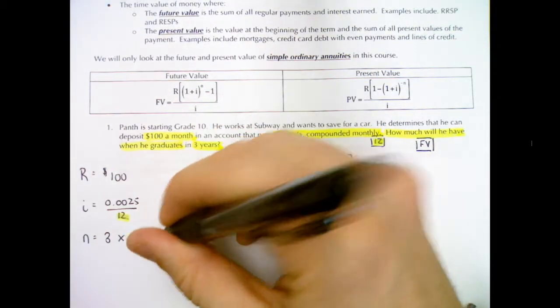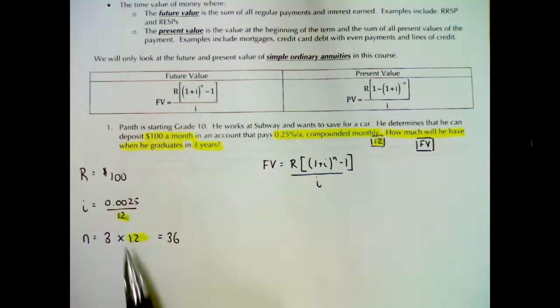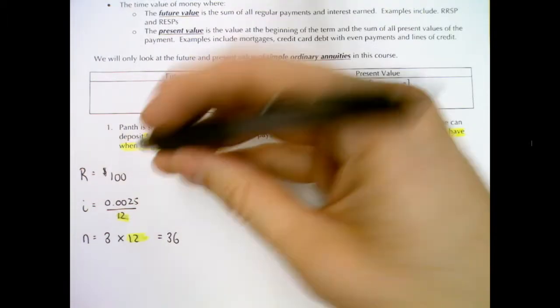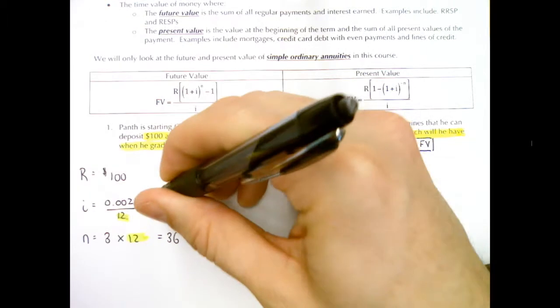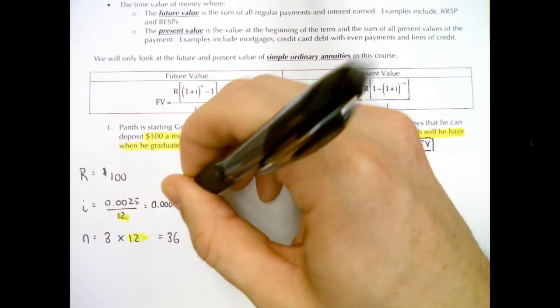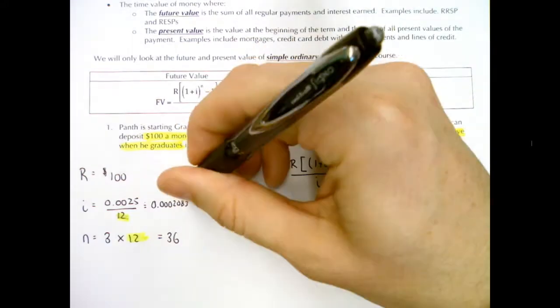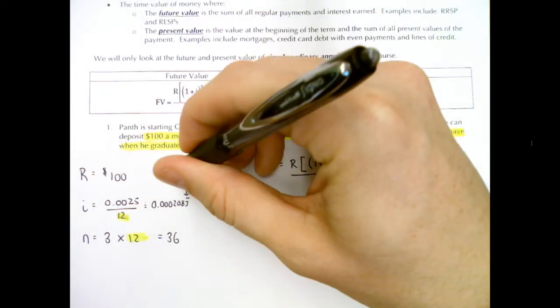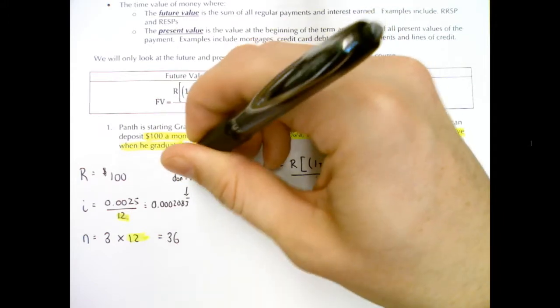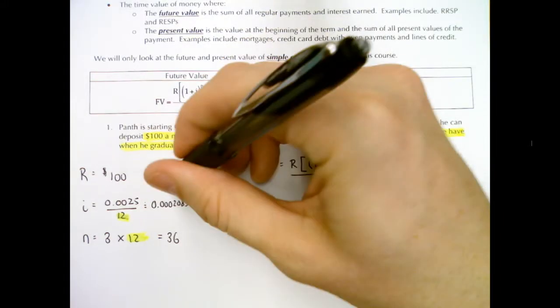And 3 times 12 is 36. You can do this math, but you get a decimal, and that decimal is approximately equal to 0.002083, and that 3 repeats. When you have a repeating decimal like this, don't round it. Use the fraction.